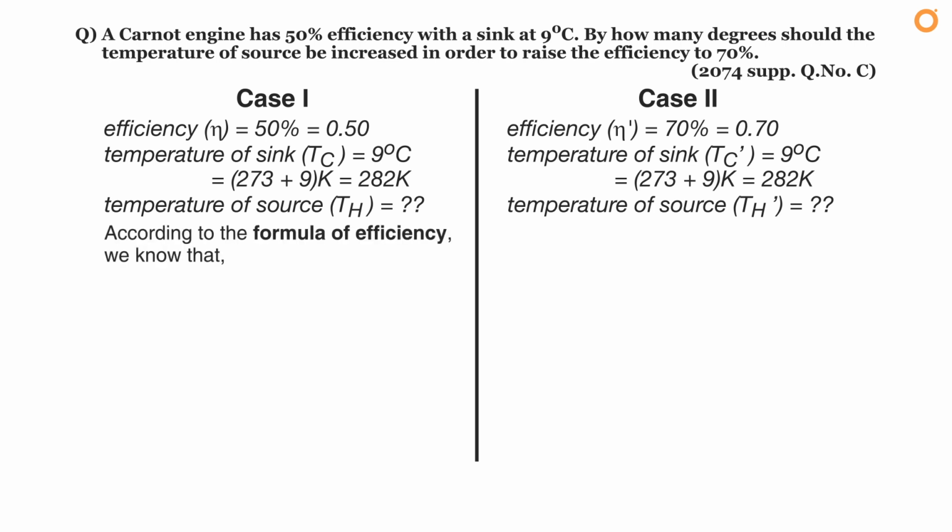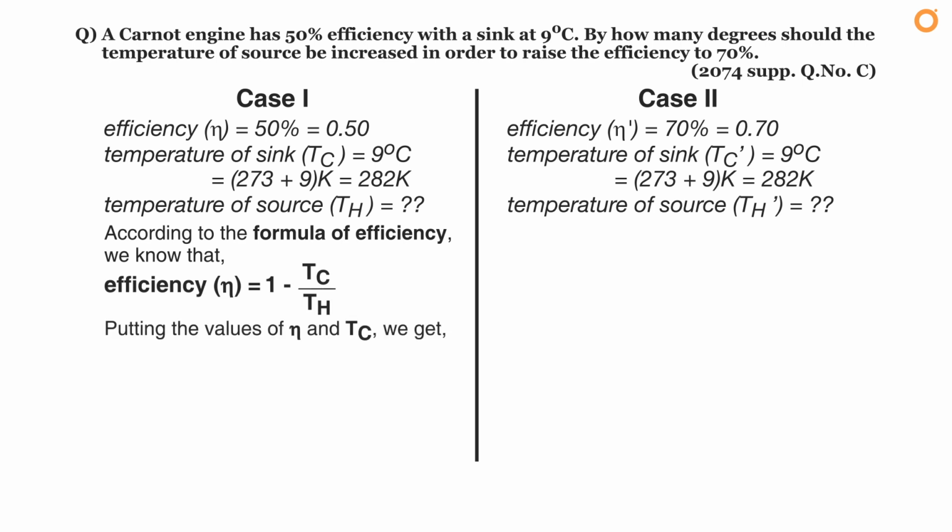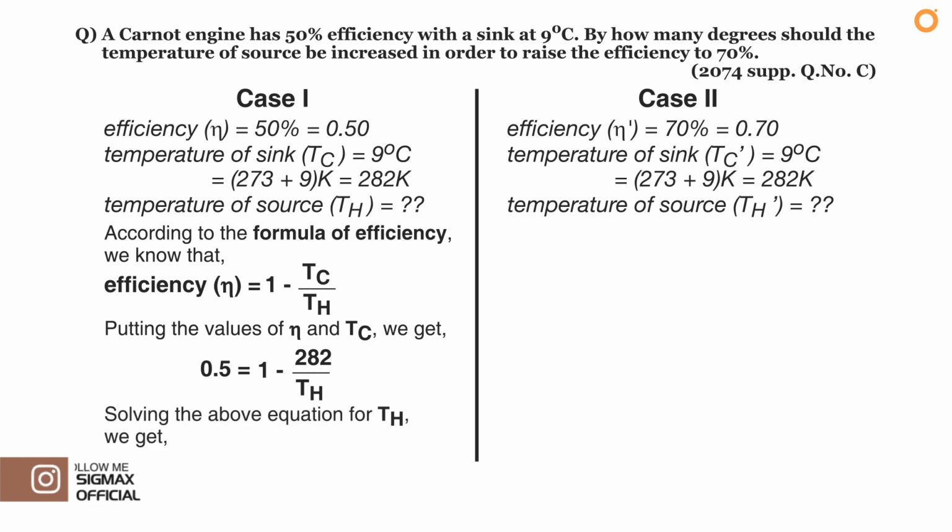According to the formula of efficiency, eta = 1 - Tc/Th. Putting the values of eta and Tc, we get 0.5 = 1 - 282/Th. Solving for Th, we get Th = 564 Kelvin. Hence, the temperature of source in case number 1 is 564 Kelvin.